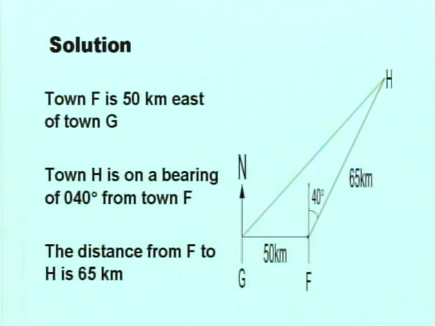Following the line going from 40 to H will be the bearing of H from F, and FH is 65 km. Now that's the drawing you're asked to produce. The distance from F to H, note that carefully, is 65 km.